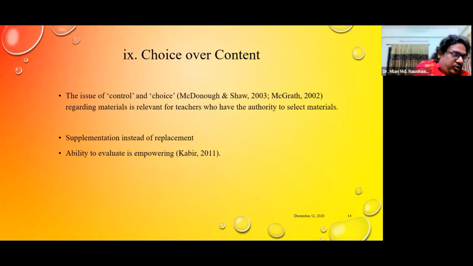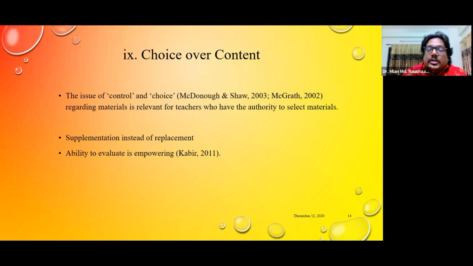So, choice over content. This is a point that needs a little bit of discussion, but I also gave some sort of idea. For example, in a country like Bangladesh, as teachers, we hardly have any choice over content, especially in the mainstream secondary or higher secondary level, because the books are suggested by the government and we need to teach them.